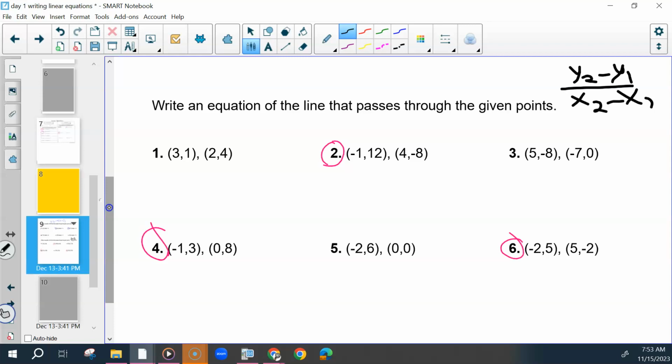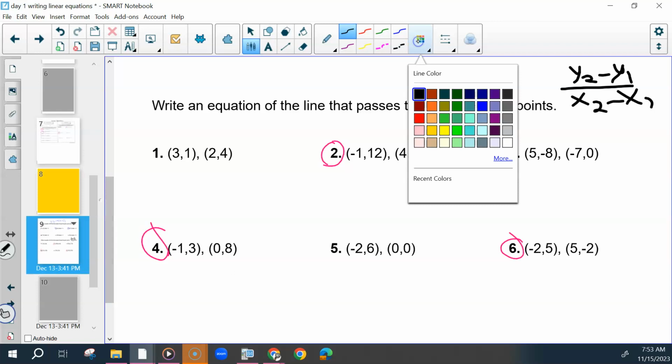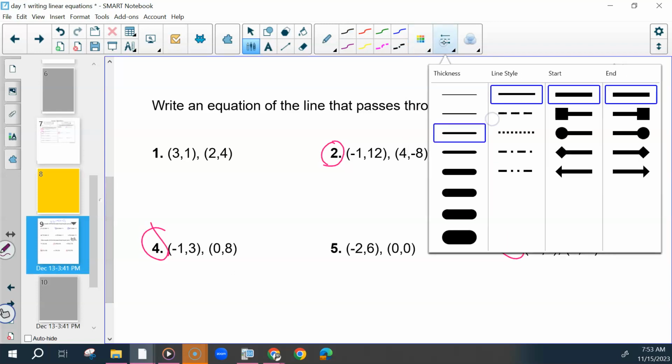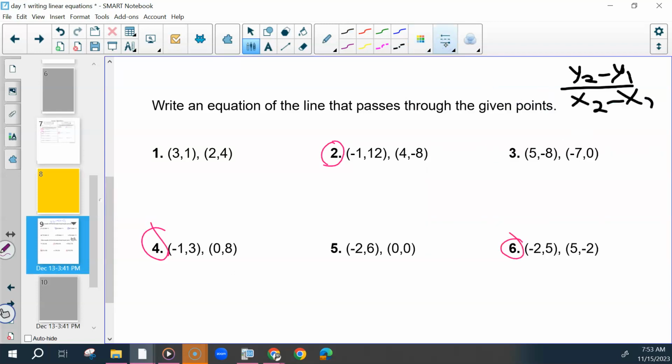So we're going to do that for number 1. And we're going to label them if you need to: x1, y1, x2, y2. So we have 4 minus 1 all over 2 minus 3.